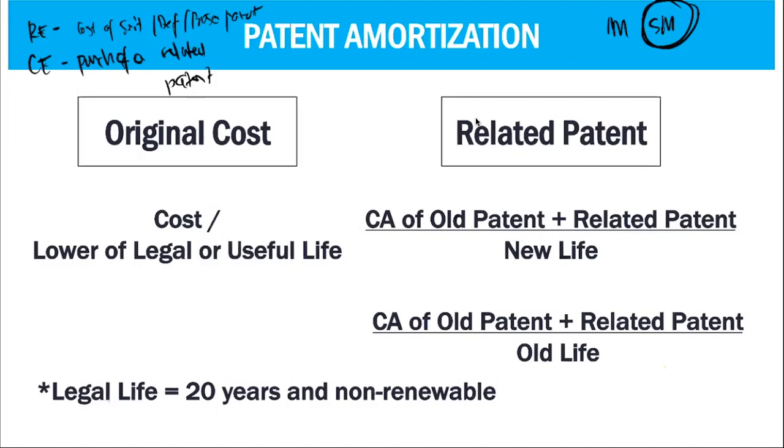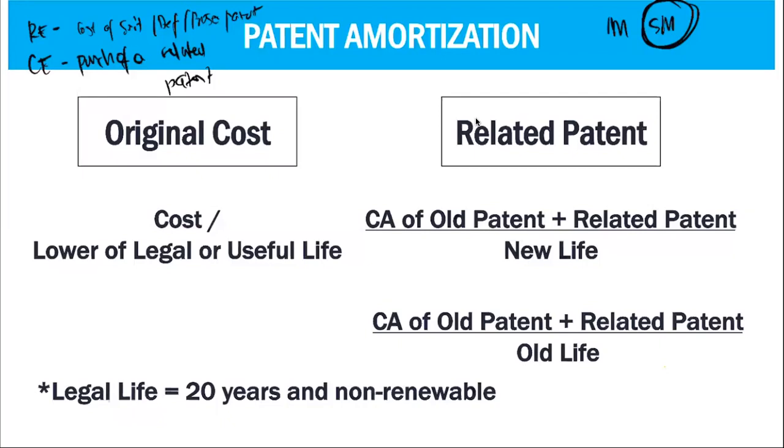Because normally, if ever you have a patent and then you have a competitive patent. So when we say competitive patent, it is somewhat related to your patent. It is part of your competitor's patent. So if you purchase a competitive patent, what will happen to your patent? Okay, so again, you have a patent and then there is another patent, a competitive patent or a related patent.